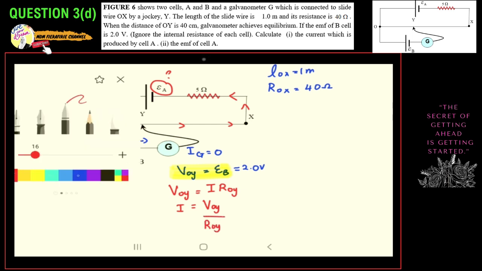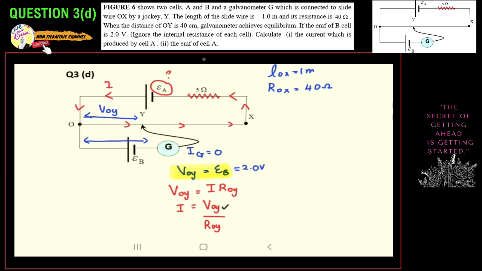Okay, so sekarang kita nak jawab soalan ni, nilai VOY kita tahu, 2.0 volt. Soalan dah bagi ni tadi. But now we have problem in order to calculate what is the resistance from O to Y only. Remember, soalan ada bagi dekat sini, resistance from OX is 40 ohm. So kita boleh kira what is the resistance from OY. Kita guna ratio. Contoh, kalau wire tu 1 meter, the resistance tadi 40 ohm kan?